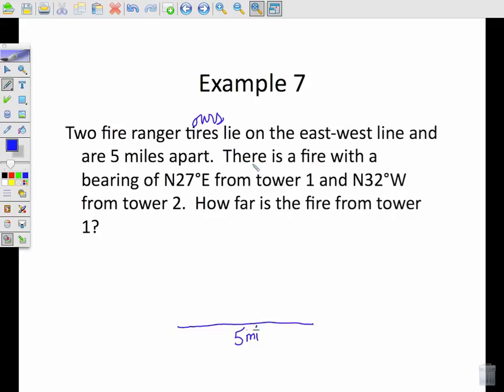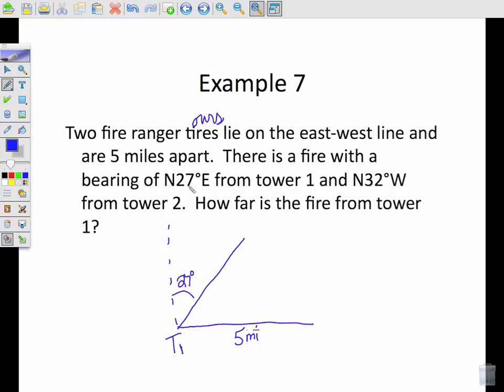It says there is a fire with a bearing of northeast 27 degrees from Tower 1. So here's Tower 1. And if the fire is northeast, then you do the north line, remembering you go east, and then that angle is on the outside here, 27 degrees.